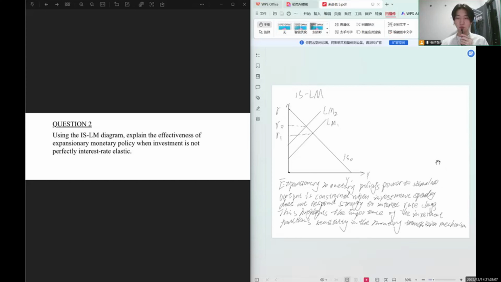Expansionary monetary policy shifts the LM curve to the right, lowering interest rates and aiming to stimulate investment, aggregate demand and output.